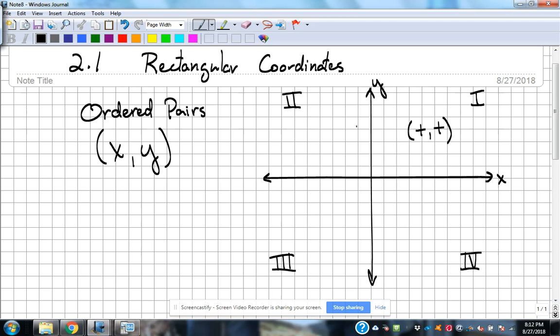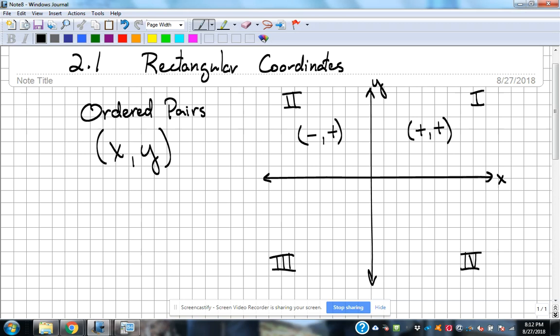Quadrant 2, you're on the other side of the y-axis, but you're still up top. So your x values become negative and your y values stay positive. So it's negative, positive. If I gave you an ordered pair, negative 6, positive 16, you know that's somewhere in quadrant 2 because it's a negative, positive.